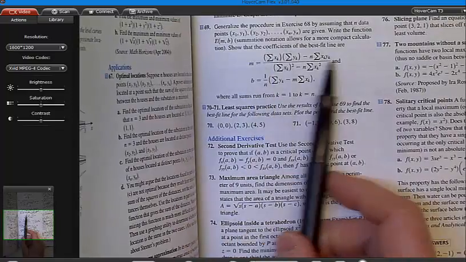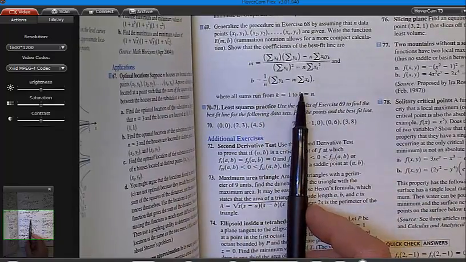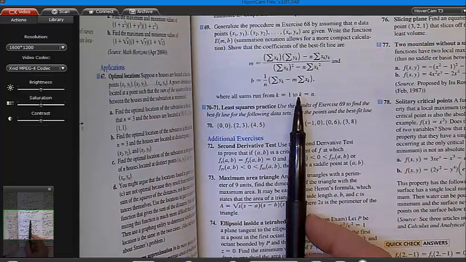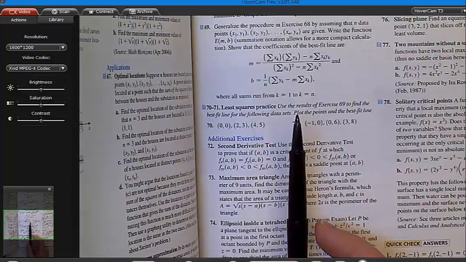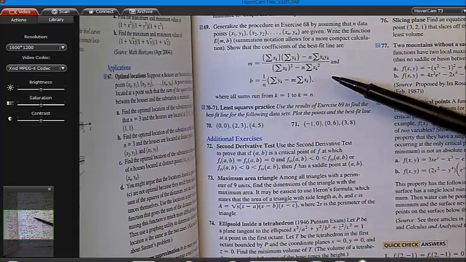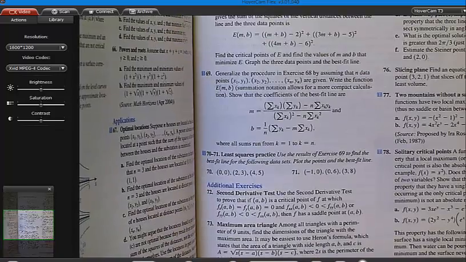Here's what m ends up being, and here's what b ends up being. And I'm noticing that in 1 minute I really can't, well, not very effectively go through that presentation, right? But if nothing else, at least you have enough, I think, to do problem 68.